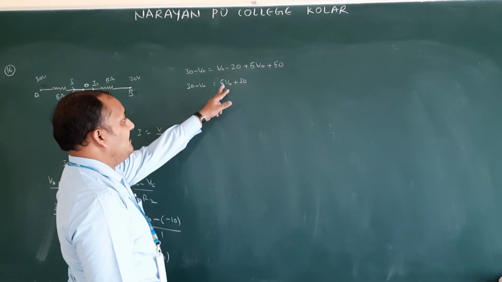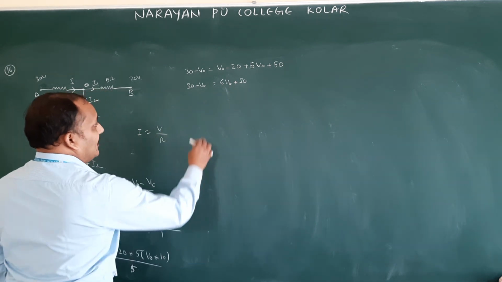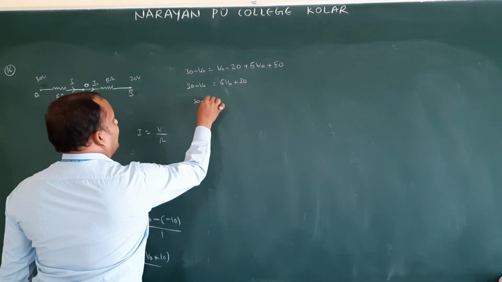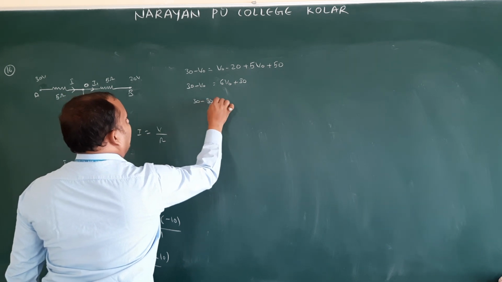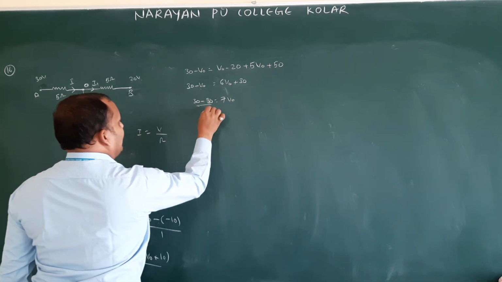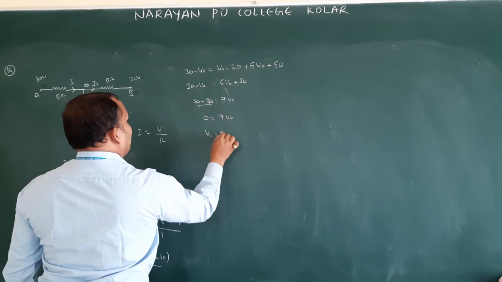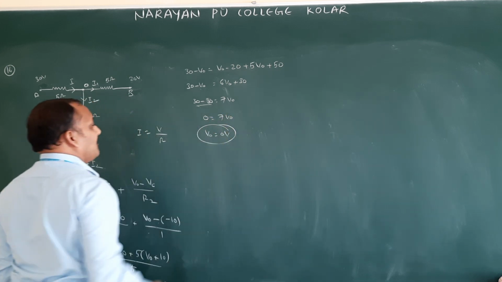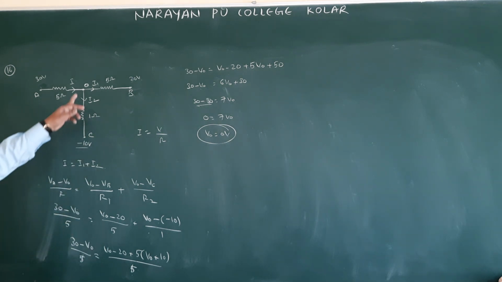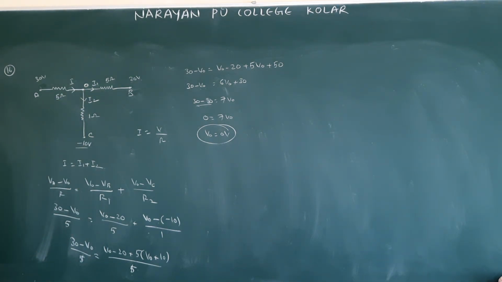So this V0 will be going this side, it is going to become 30 minus 30, 7 V0, 30 minus 30, 0. 7 V0 equal to 0 means V0 value is 0. Here potential at this point O is 0, that is option 4.